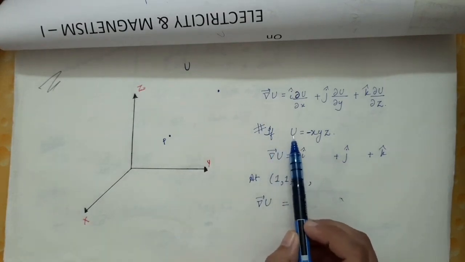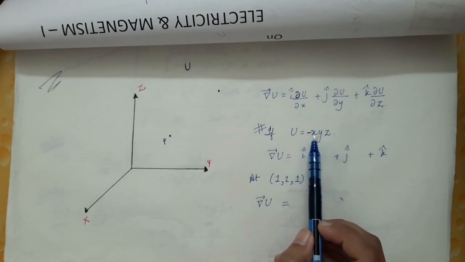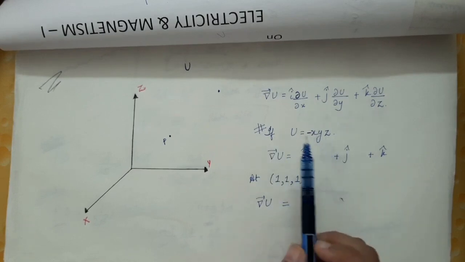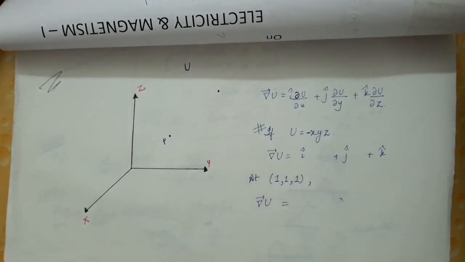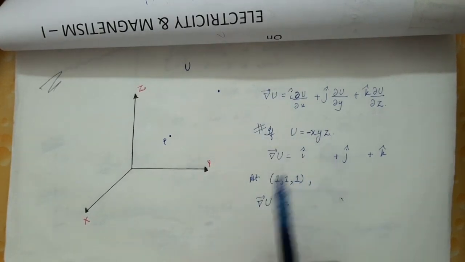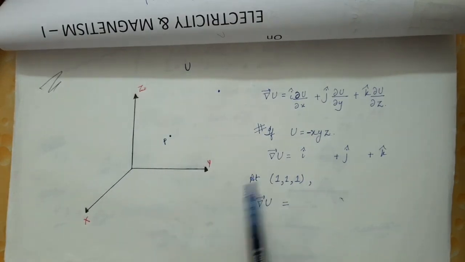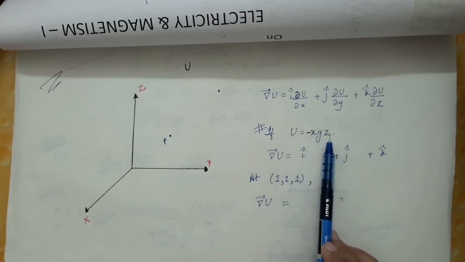Now let's suppose the scalar function is equal to minus x into y into z. I am taking an example just to show how the gradient points along the maximum change in the scalar function. So let's suppose u is equal to minus xyz. At every point in space there will be some value of u, by putting in the values of x, y, z.